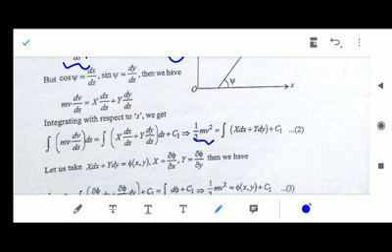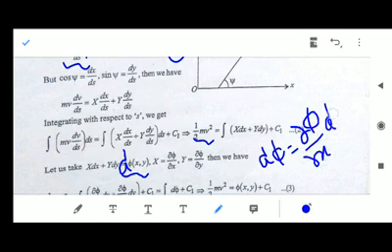Now let us take X dx plus Y dy as d of phi of x y. We can write d phi equal to del phi by del x dx plus del phi by del y dy.